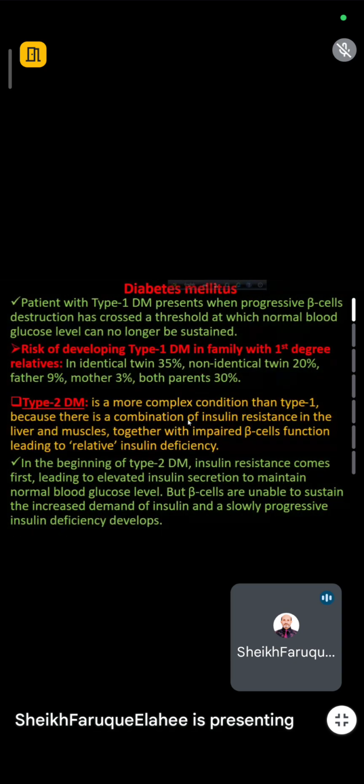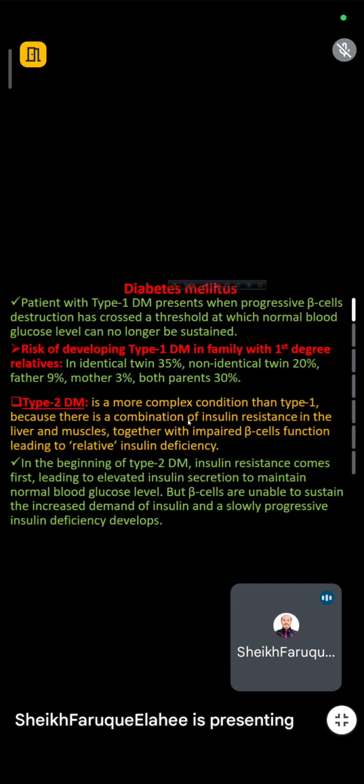In the beginning the resistance will start, but as the percentage of resistance grows in the tissues, the pancreas will increase its production of insulin. Because there is resistance, it will produce more and more insulin. But there will be a limit. After that, the pancreas cannot produce so much insulin, it has a limit also.